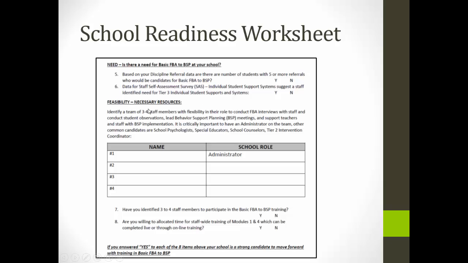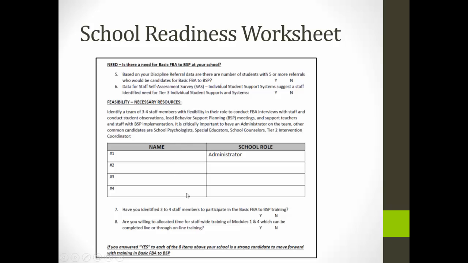So back to the school readiness worksheet, you can see, do we have a need? Do we have a number of students who've got more than 5 referrals? Has the staff identified that individual student support systems are important? And then is this going to be feasible for us? Can we identify 3 to 4 staff members in the school who will be trained to do basic functional behavioral assessment to behavior support?